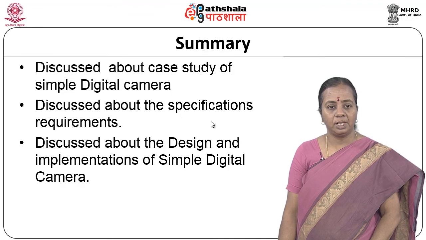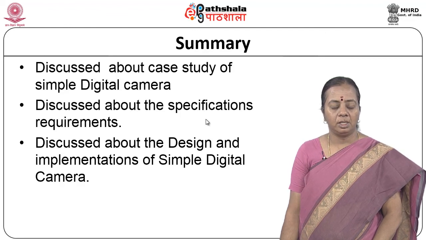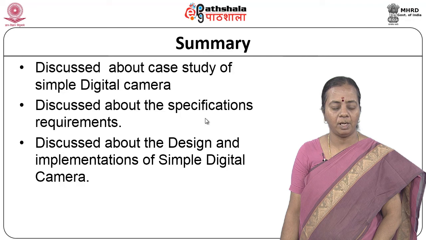So, in this lecture we discussed one case study, that is the digital camera, and we discussed in detail the requirements as well as the specifications for a digital camera. We discussed the functions of each and every part inside your digital camera, how it has been designed, and how it can be implemented.